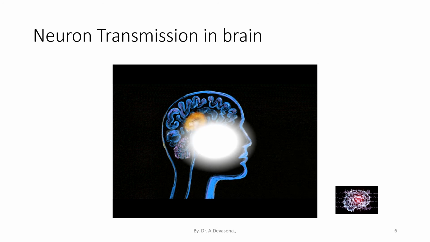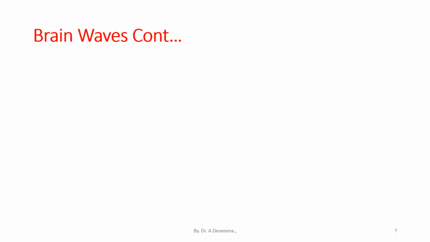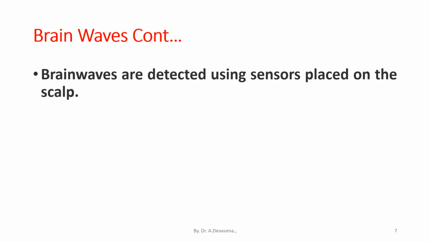Neuron transmission representation in the brain is shown below. In this animation, the information that is available in the neuron is transmitted into the brain, as indicated here. Brain waves are detected using sensors placed on the scalp.